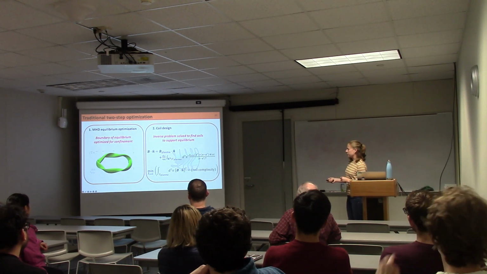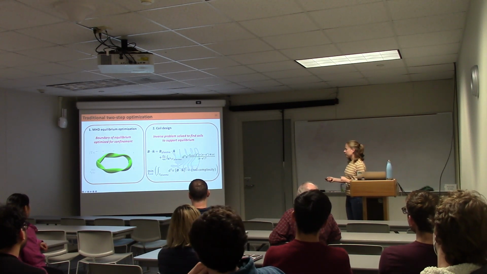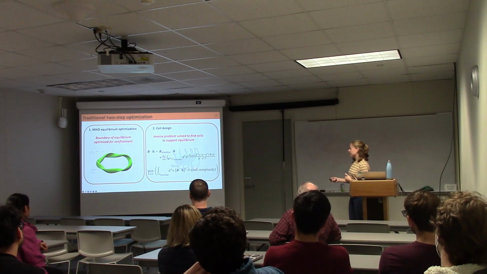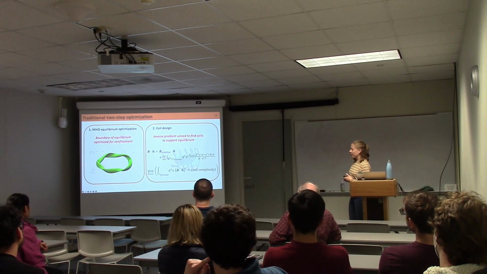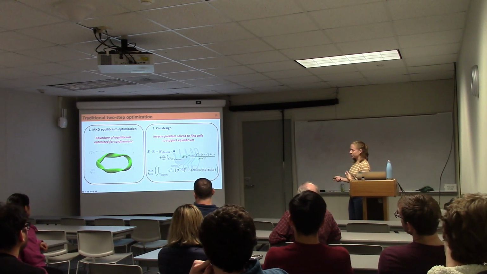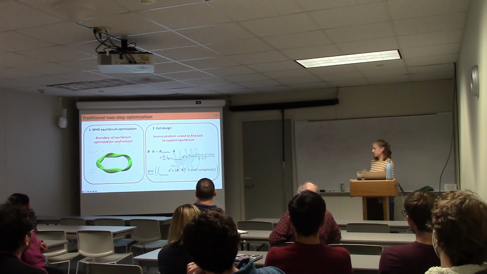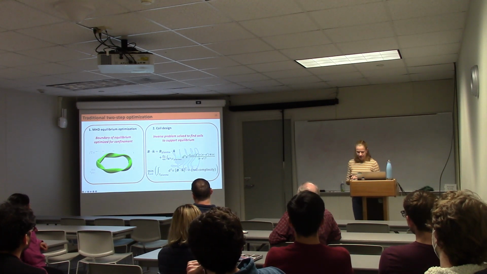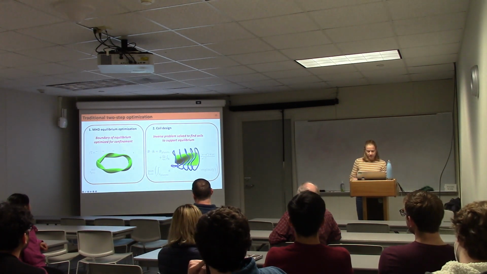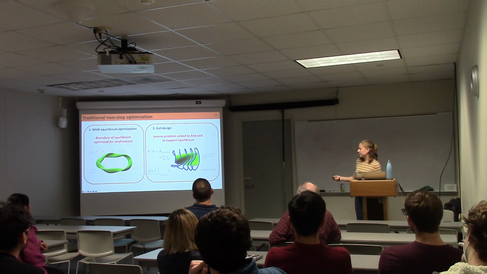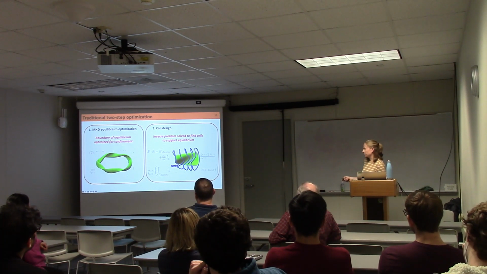This gives us another optimization problem that couples the desire for producing this field with some measure of how complex these coils are. We have to take into account that we can't build any coil set that we would like, but we have to account for whether it is actually possible to engineer these things in practice. This is what we call a two-stage optimization approach. In stage one, we find this target boundary, and in stage two, we find the magnets.